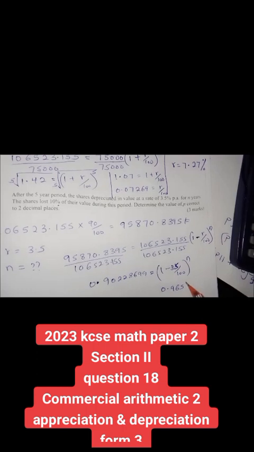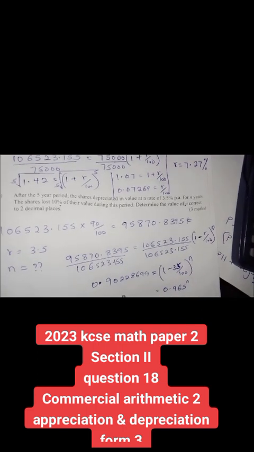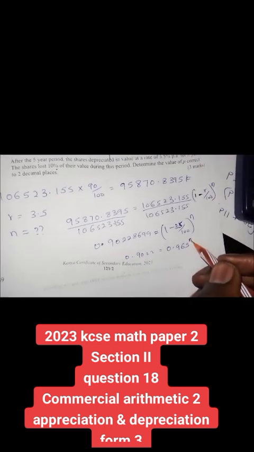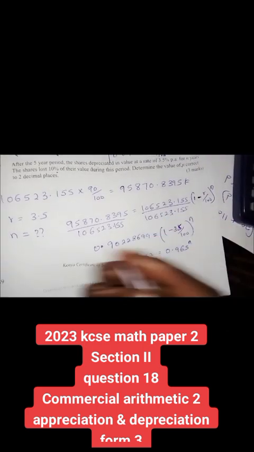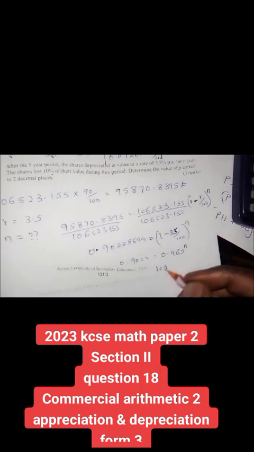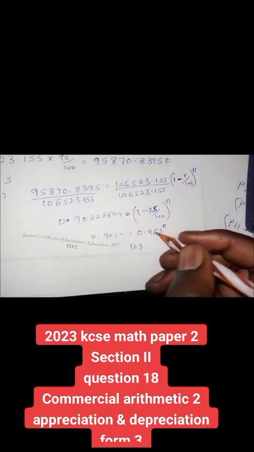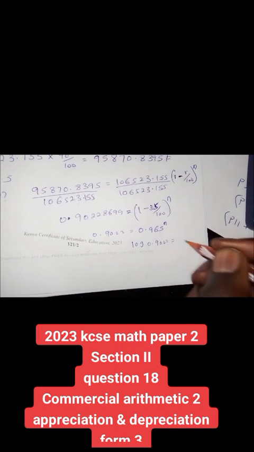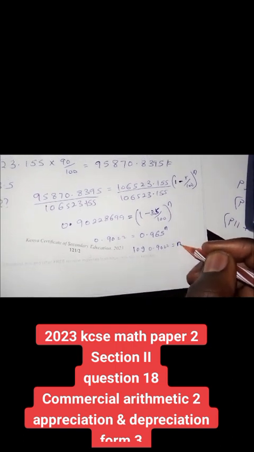To find n, because it is in power form, you introduce the logarithm on both sides. The log of 0.9022 equals n times the log of 0.965, remembering the third law of logarithms.